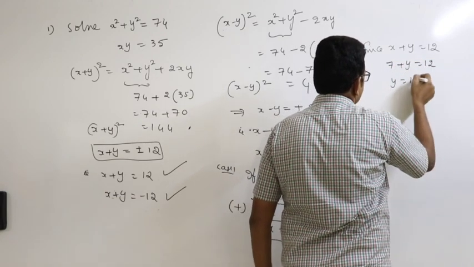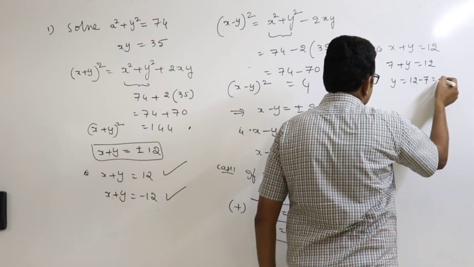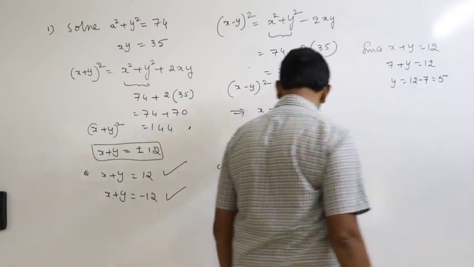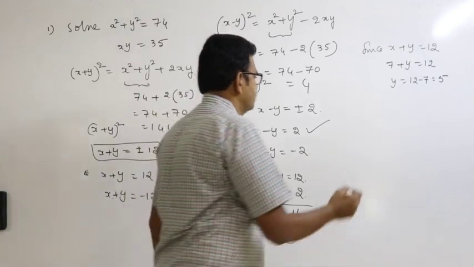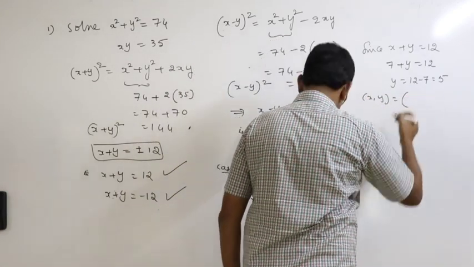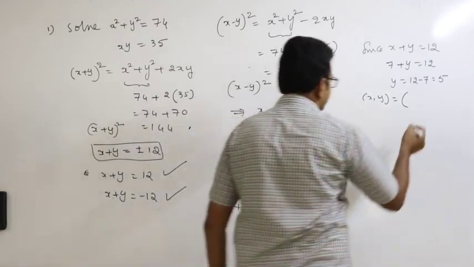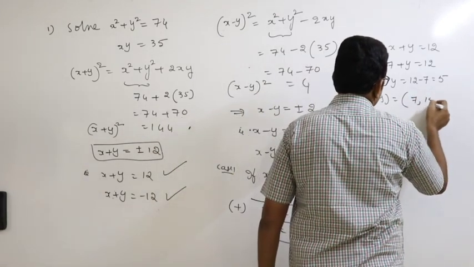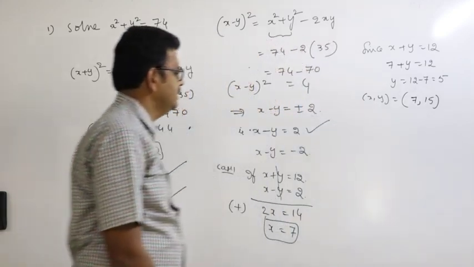Y is equal to 12 minus 7, that is equal to 5. Therefore, in this case, x comma y values are 7 and 5.